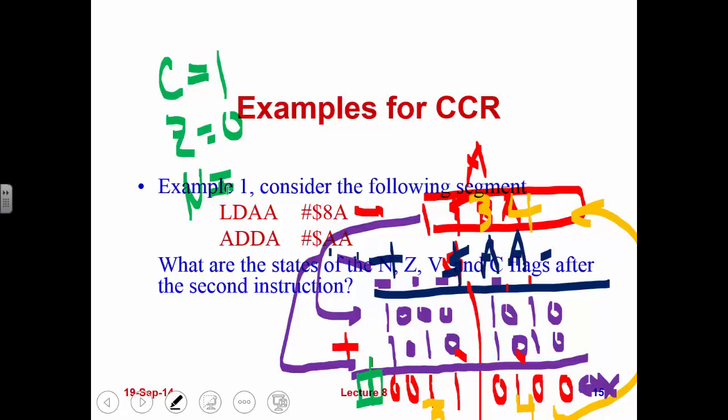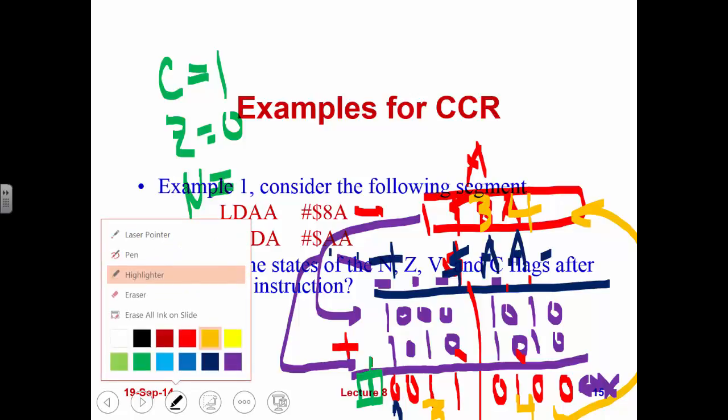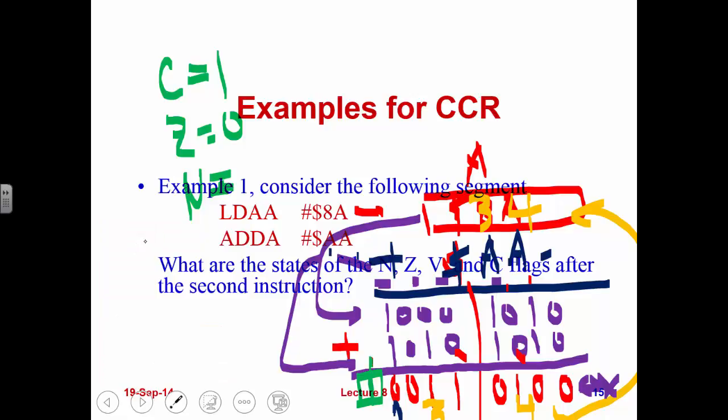Let's check out our value. Here we go. Our value is 0, 0, 1, 1, 0, 1, 0, 0. So if we consider this is a signed number, it's a signed number, the leftmost bit is 0. See? This bit is 0.